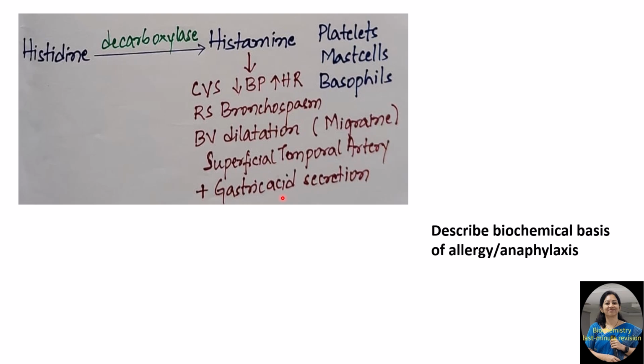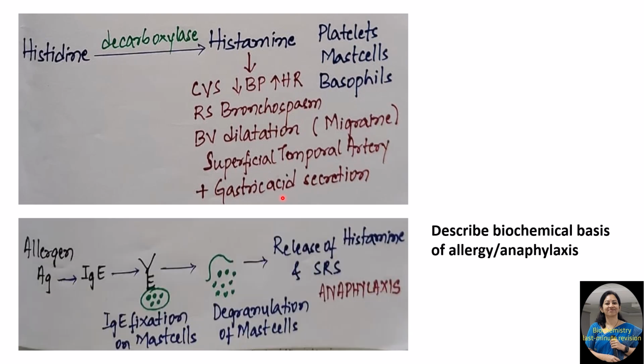So histamine is also responsible for allergy and anaphylactic reaction, and the biochemical basis is as follows. This can be asked as a 3-marker question or a case-based question also. Whenever an allergen enters our body, this allergen is handled or tackled by immunoglobulin E. Now this allergen along with this immunoglobulin E goes and fixes on the mast cells.